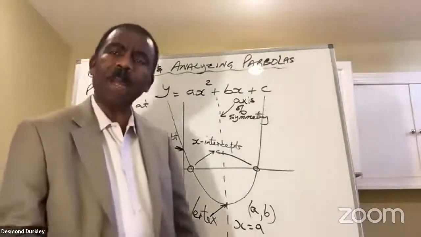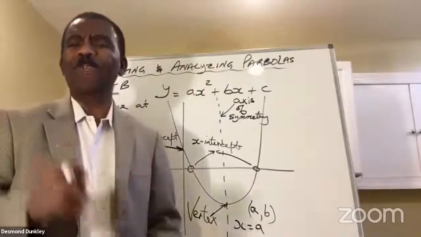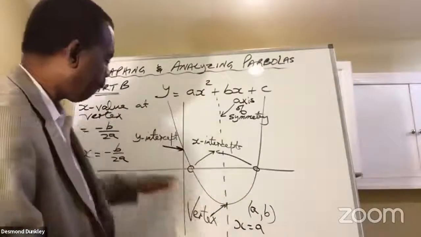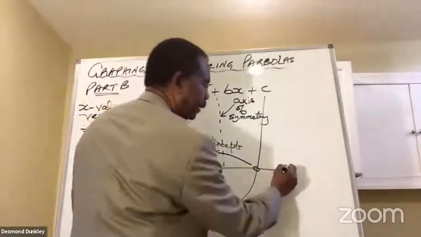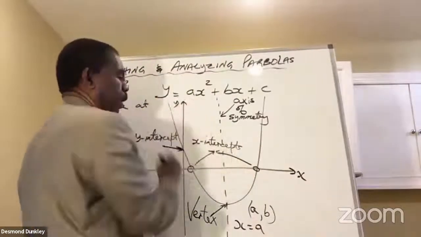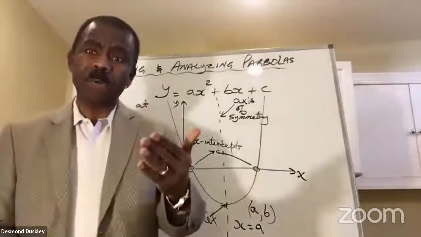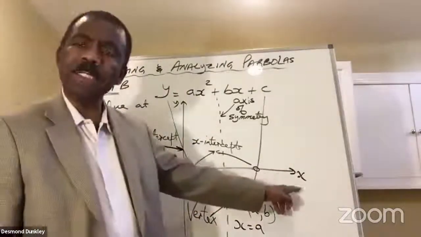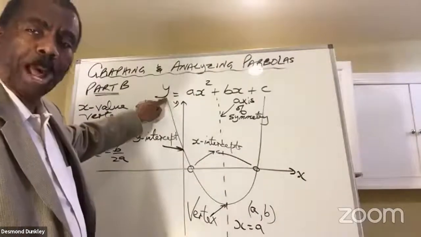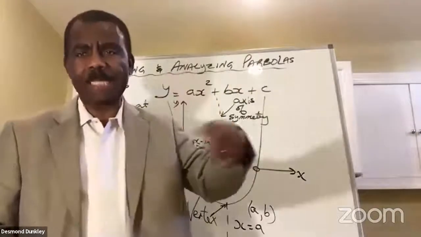One more thing to keep in mind, how do you find the x-intercept? Everywhere on the x-axis, this is the x-axis, and this is the y-axis, y is 0. So to find the x-intercept, you put y equal to 0, and then solve the equation to get the x values.